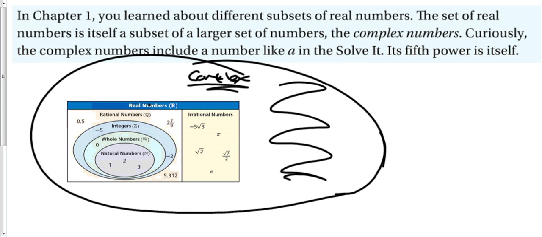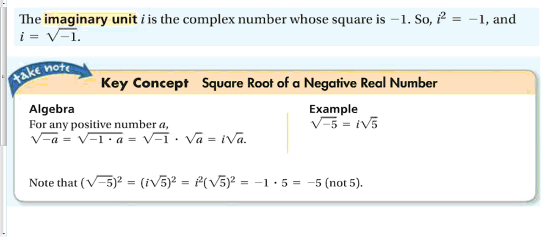Okay, so the imaginary unit i is a complex number whose square is -1. So i squared is going to equal -1, which means that i is going to be equal to the square root of -1.